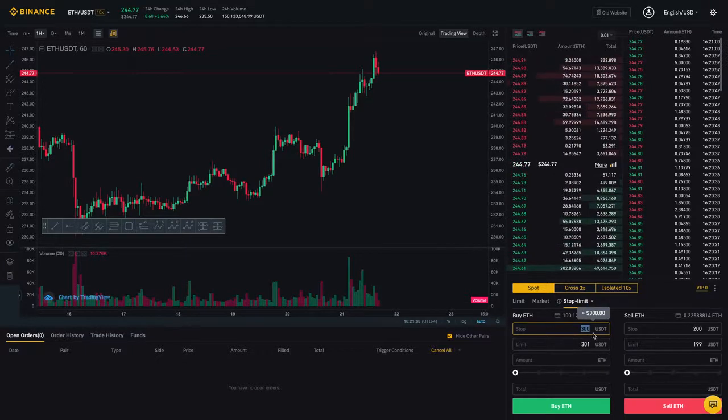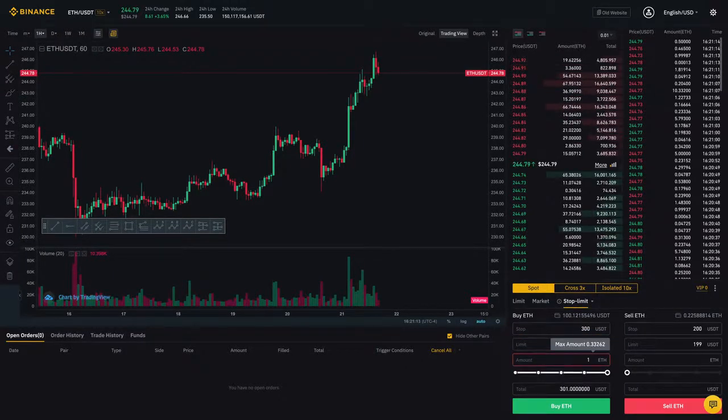If the price of Ethereum goes beyond $300, I'm willing to buy Ethereum up until $301. And let's just say I want to buy one, well, I can't do that, but 0.1, right? So I want to buy 0.1 Ethereum if the price goes above $300, up until $301.